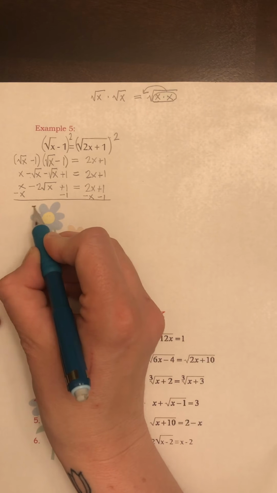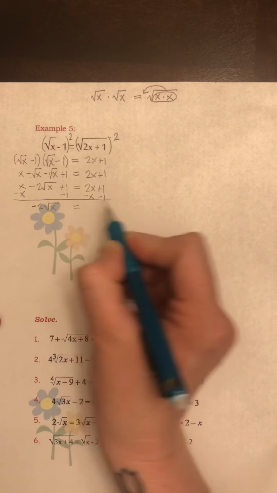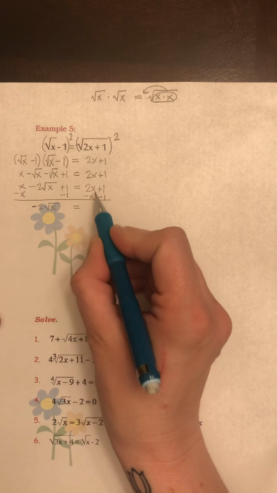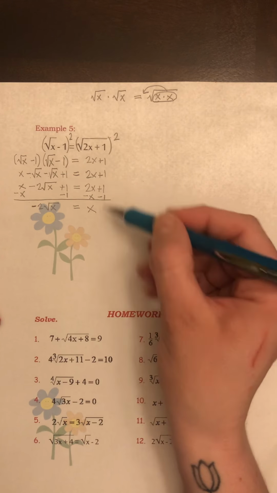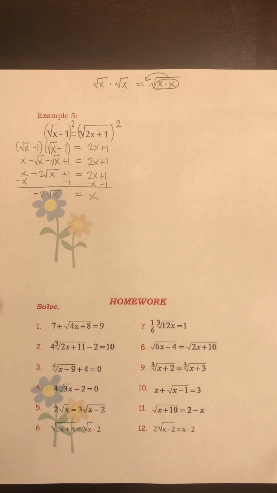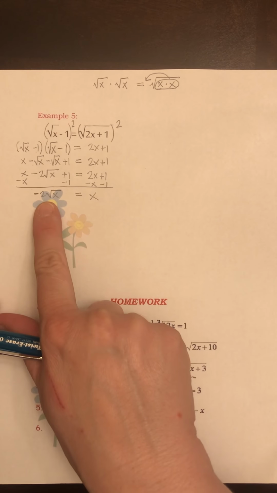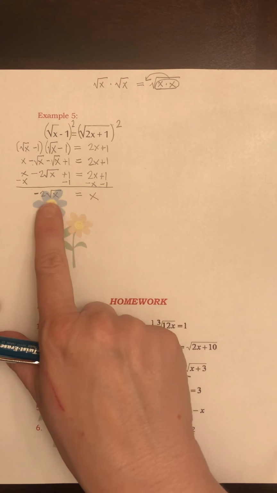So I get -2 onto the square root of x equals, over here what's going to happen? Well, I'm going to get x, and that's it, right? That cancels out. Okay, so if you want, you could divide both sides by -2 so that you would isolate the radical, and that would make sense.